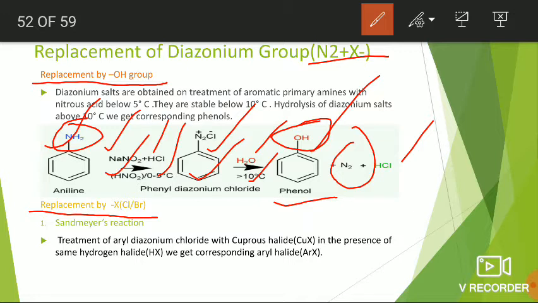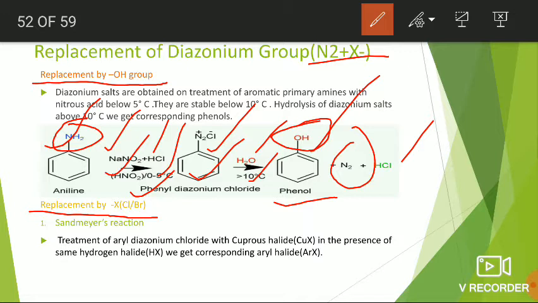Okay, next, replacement of the diazo group with a halide, that is, it may be chlorine or bromine. Generally this reaction is a specific named reaction, named after the scientist who discovered the reaction.